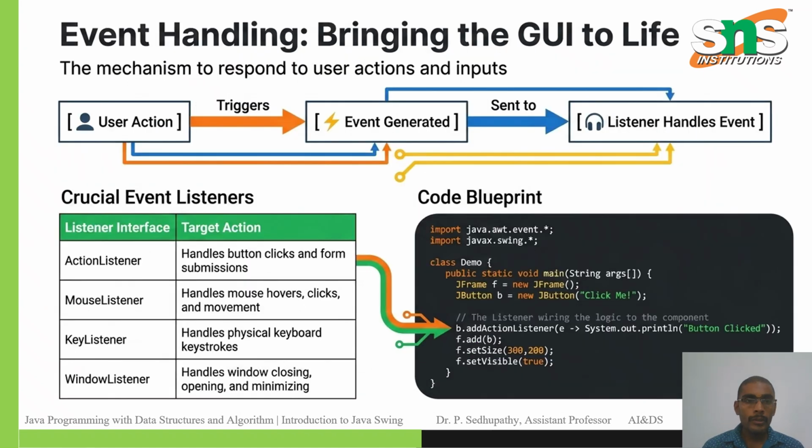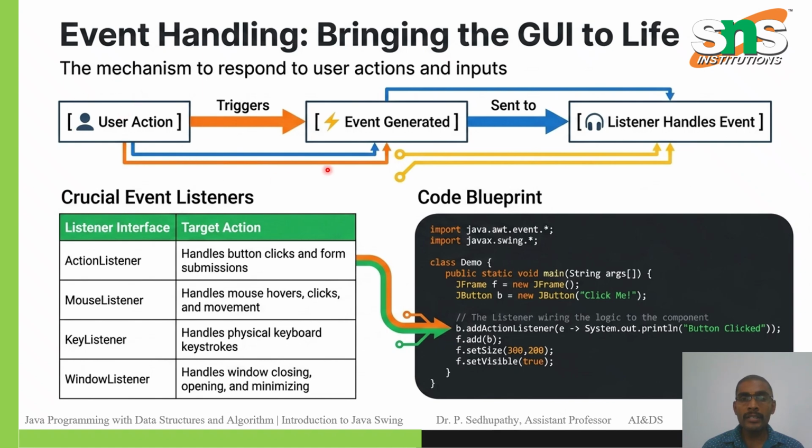And coming to event handling in Java Swing. Event handling works based on the user's actions and input. The user can give input like a text box input, or click a button, or double click a button. So it starts with a user action.